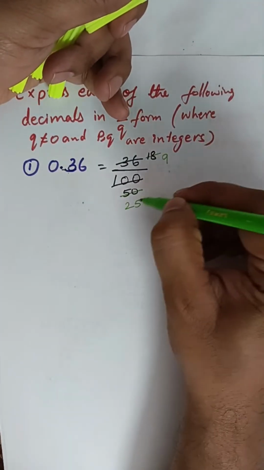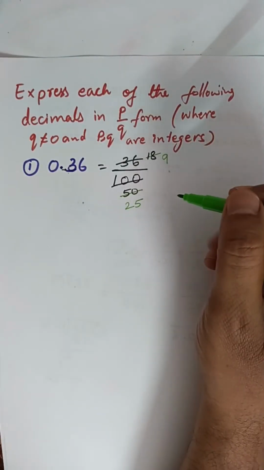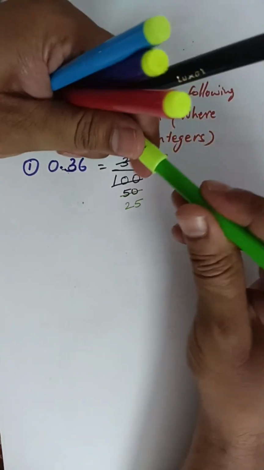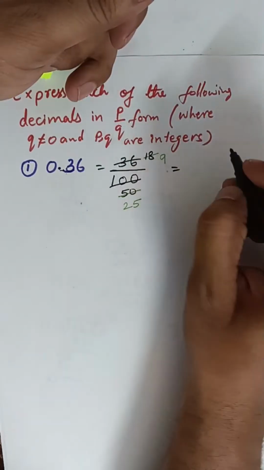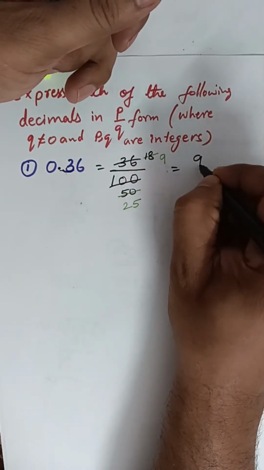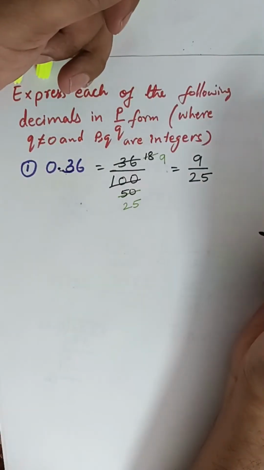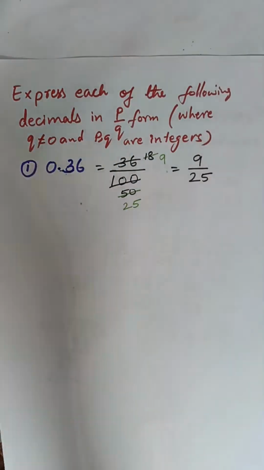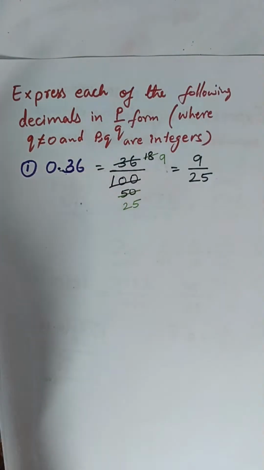So 9 and 25 have no common factor. This is the simplest form of P by Q. So the answer is 9 by 25. Let's see the next question.